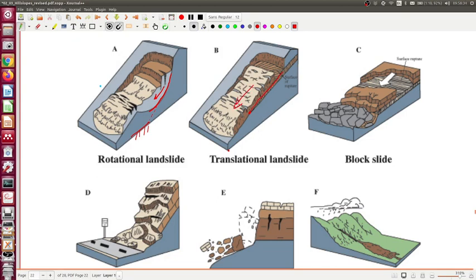So this block just goes straight downhill as opposed to this one, which is moving out and back up again. We can have something that's called a block slide. So there's a surface rupture here, and then this material just scoots along that particular surface. And in this case, what you're seeing is that there's some sort of cliff here, and this escarpment, and this material has fallen down into that valley.